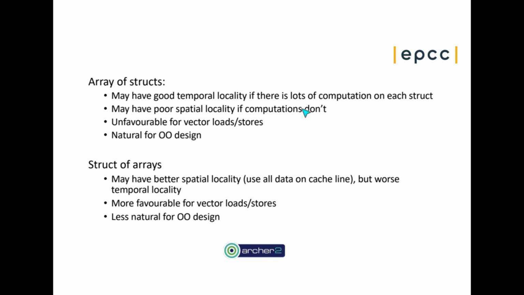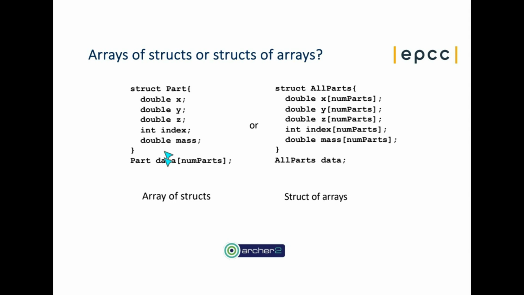But if you're basically striding through this array and I'm only accessing, say, the mass field, then every time I load the mass field, I'm also picking up all the rest of the structure into the cache as well.